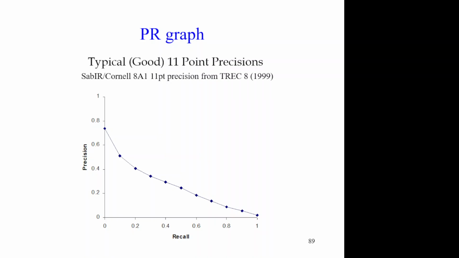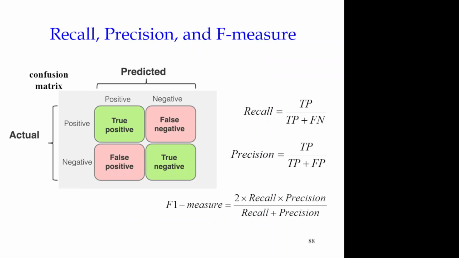Generally the trade-off is like this: when your recall is higher, your precision is usually lower. Do you know the reason? If you want to return all the correct answers, usually you can return the whole data set to a user, right?